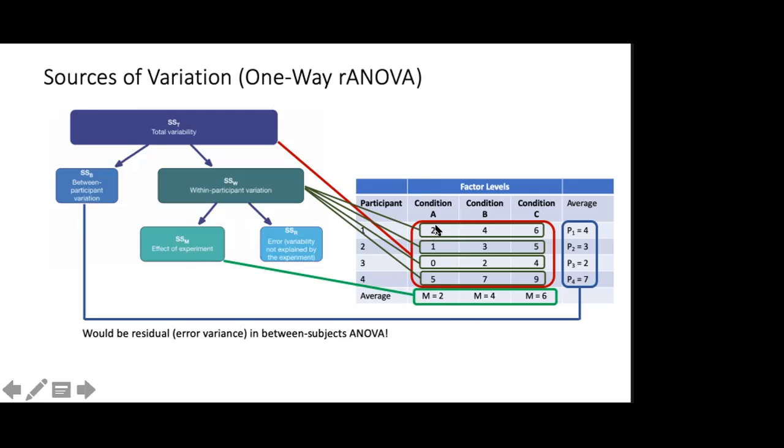And you can see that it's true for each individual participant: 2, 2, 2, 2. And here the difference is also 2, and that's also the case: 2, 2, 2, 2. So in this fake data example, the residual variability, the error variability, would be 0, because all individual differences correspond to the mean differences.